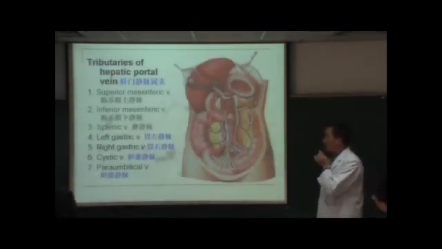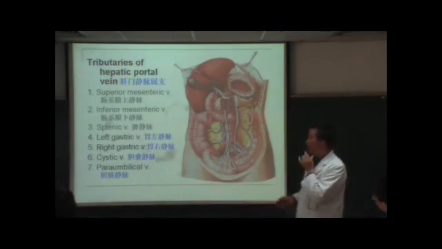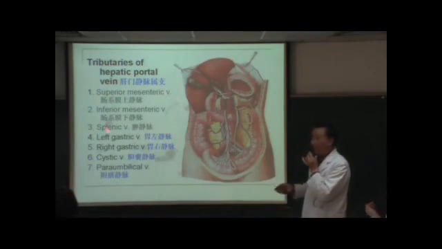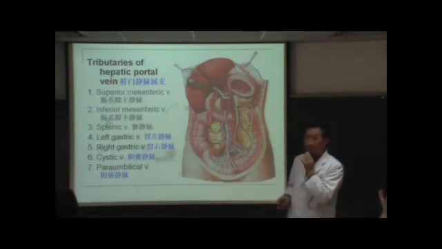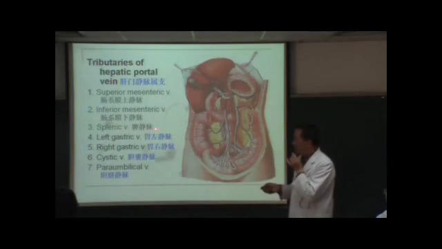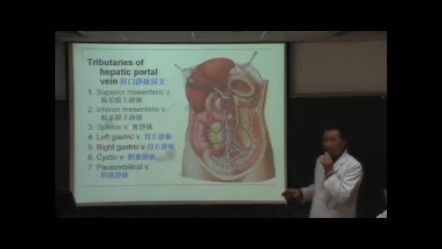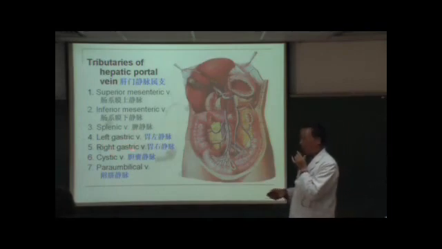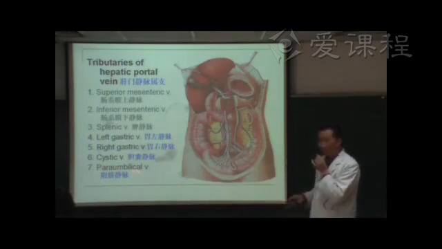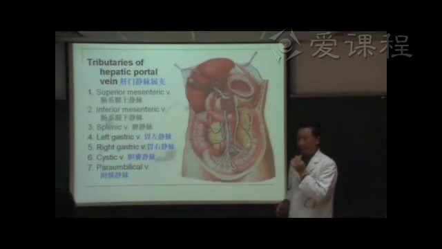Now we should know the tributaries of the hepatic portal vein. Besides the tributaries we have mentioned, the superior mesenteric vein, the inferior mesenteric vein, and the splenic vein, the hepatic portal vein receives the left gastric vein, the right gastric vein, the cystic vein and the paraumbilical veins.